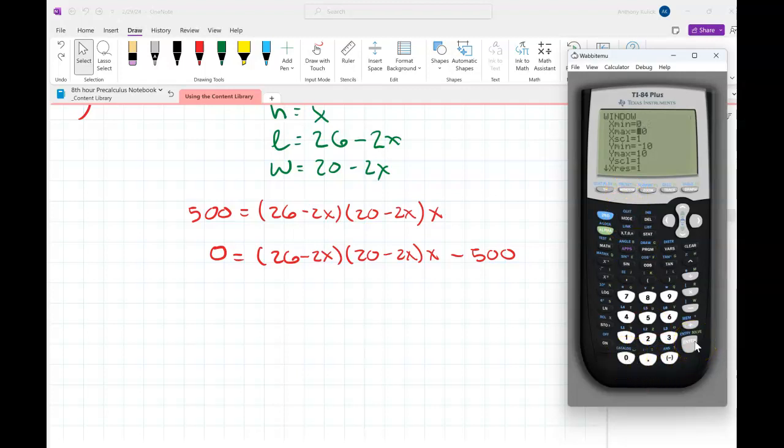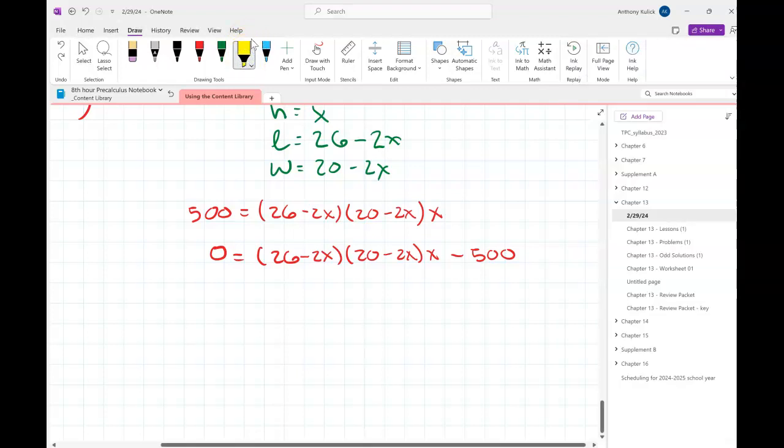What's going to be the biggest reasonable value for x? It has to be greater than 0, so we'll start at 0 and go bigger. I don't want to pick 1, because I could certainly have x be something like 0.1.